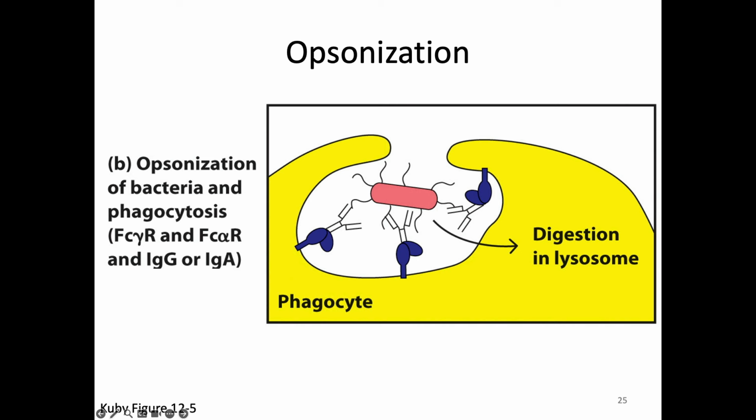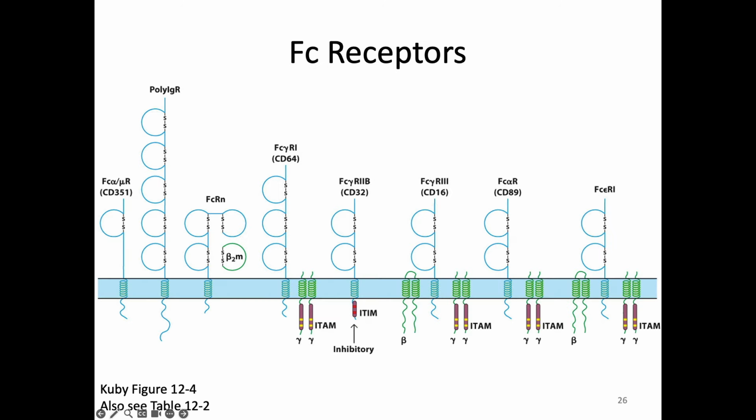So what you might notice is there probably should be an antibody receptor as well. There is an antibody receptor. There are multiple types of antibody receptors, in fact. And all of those receptors for antibodies bind to the Fc portion of the antibody, which, remember, I told you shorthand-wise it's constant.